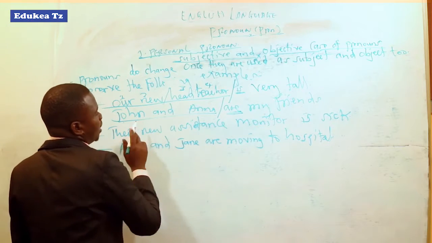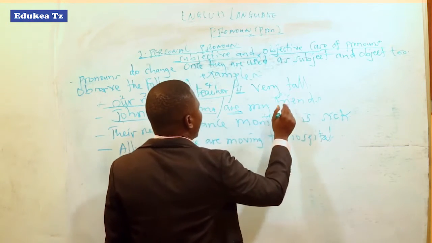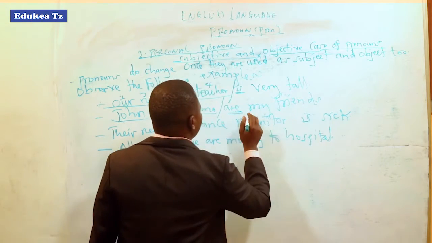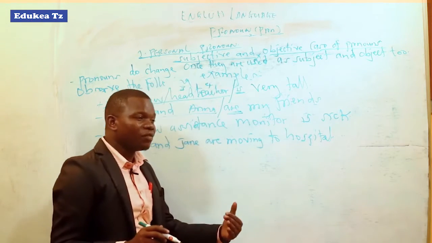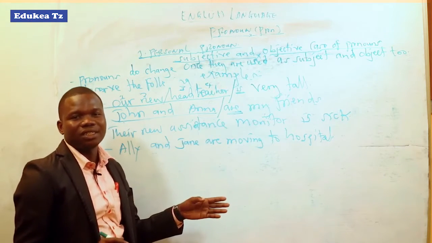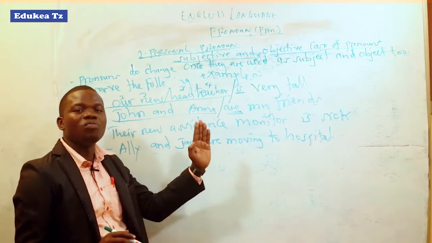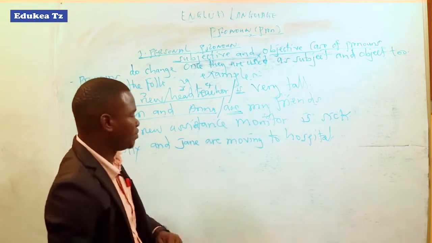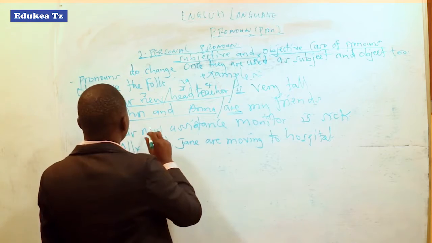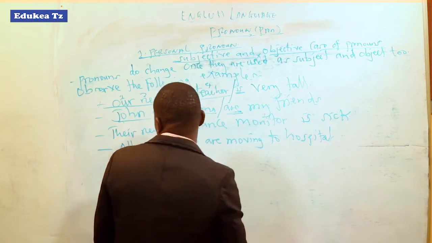John and Anna, they are the subject. From this verb "are", it is now the object part. The object part of a sentence is where the subject ends. The position where the subject ends, now the object starts. So our sentence is, John and Anna are my friends.